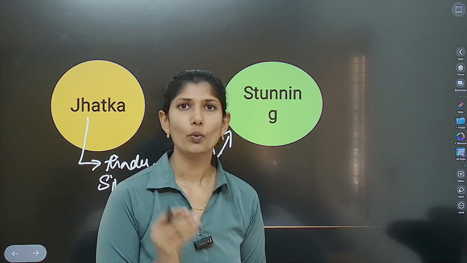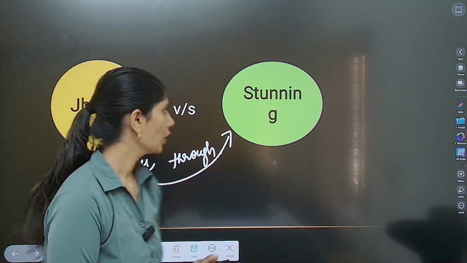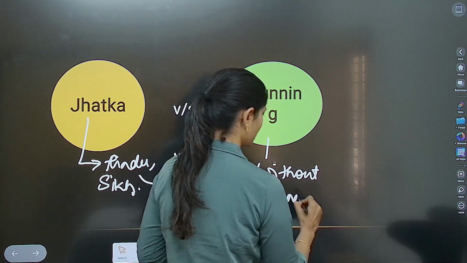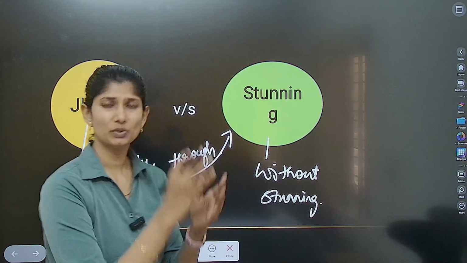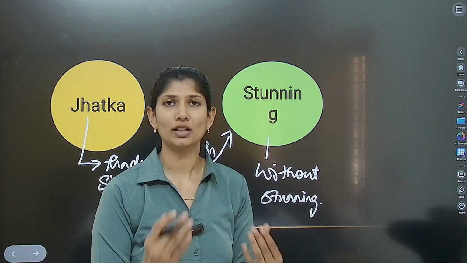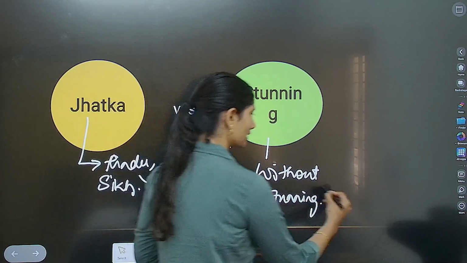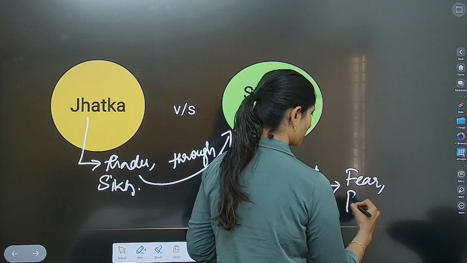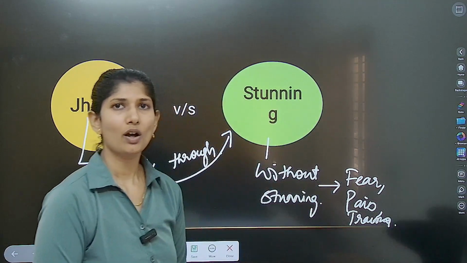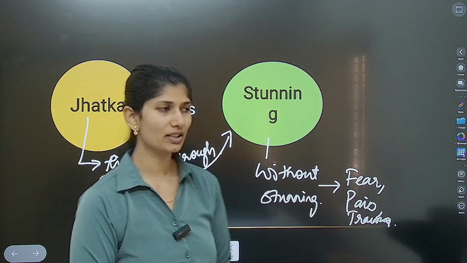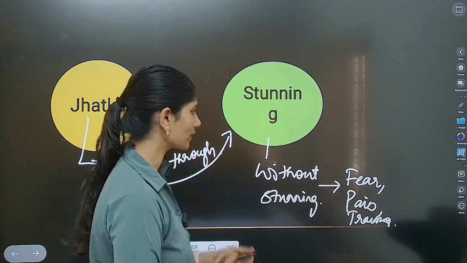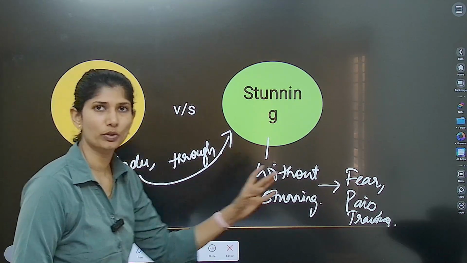They found out that when you kill an animal without stunning, where you cut the main arteries and let the blood come out of the body, the animal, because of excessive blood loss, becomes unconscious. They found out that the animal experiences fear, pain, trauma, etc. So they held that one of the ways we can consume meat is also to make sure that minimal infliction of pain happens. And for that, they preferred stunning the animals before killing them.